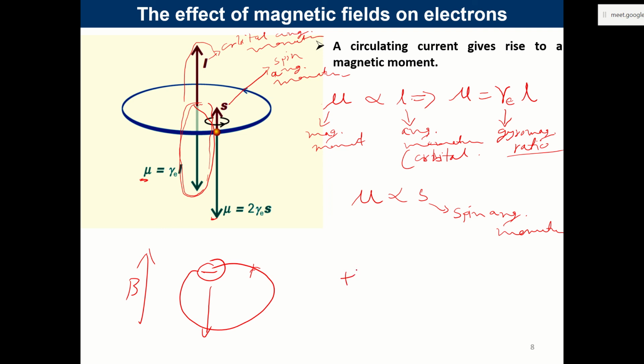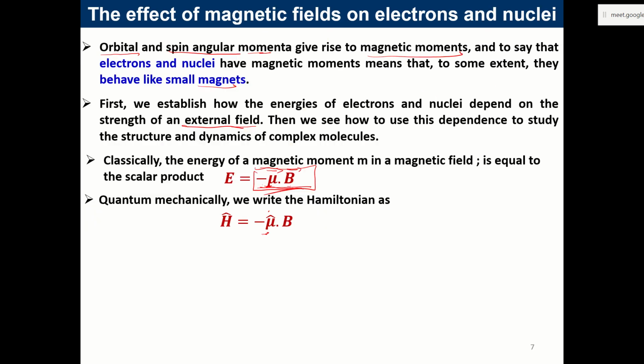If a positive charge is moving and you apply the magnetic field, then the direction of the magnetic moment will be the same. In this case, it is an attractive interaction, north pole, south pole.